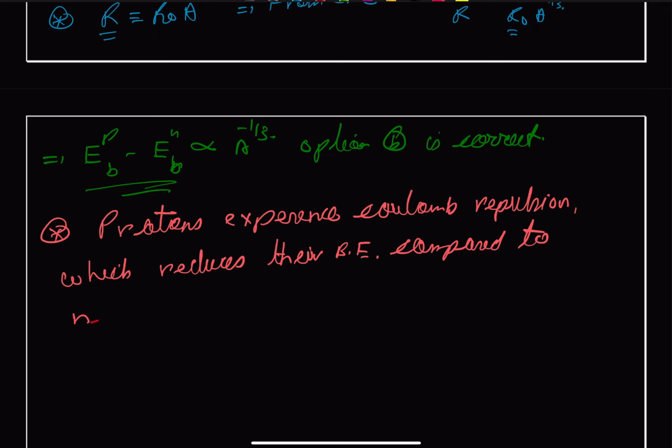Therefore, we can say that binding energy of proton will be less than binding energy of neutron, or that binding energy of proton minus binding energy of neutron will be less than 0.